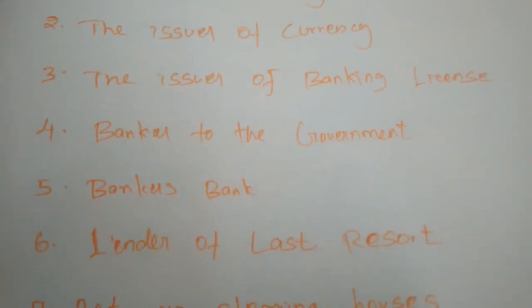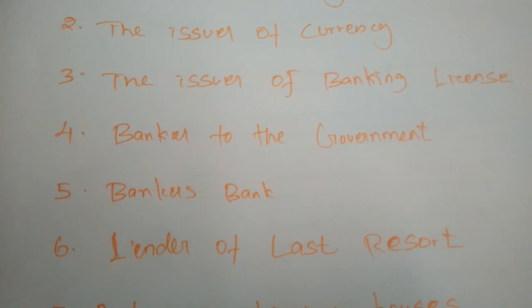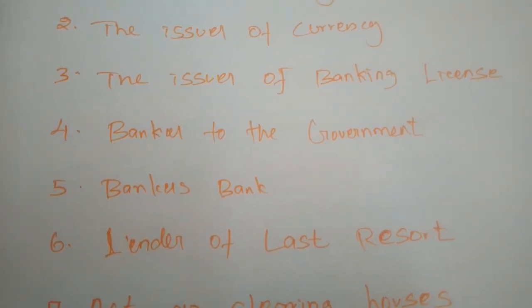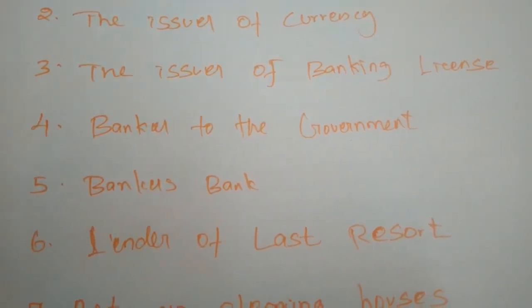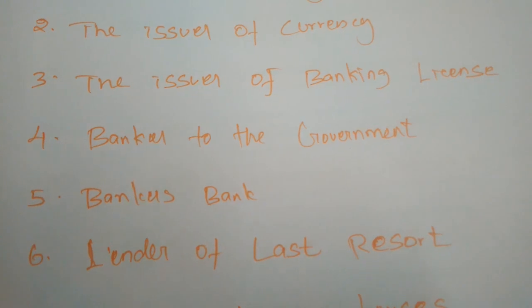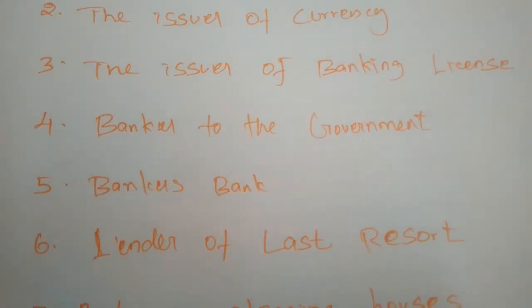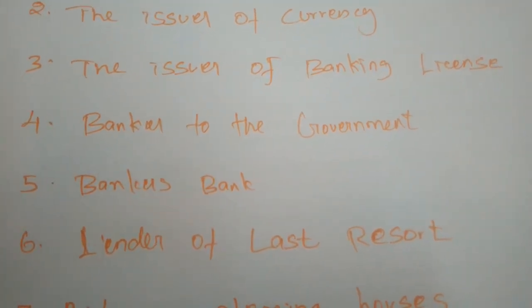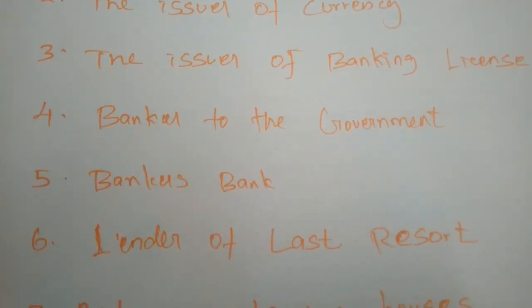Next, the bank to the government. Every entrepreneur and individual has many types of banks if they want to keep an account for their daily purposes. Like that, the government also must have a bank to do many things on its behalf.